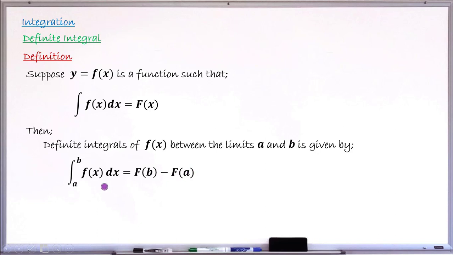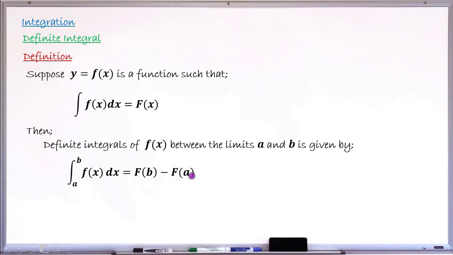So what this formula simply tells us is to find the integral of the original function. In that integral, you substitute the higher limit, and the value you have is capital F of b. Then also substitute the lower limit in the integral function, and that gives you this value.